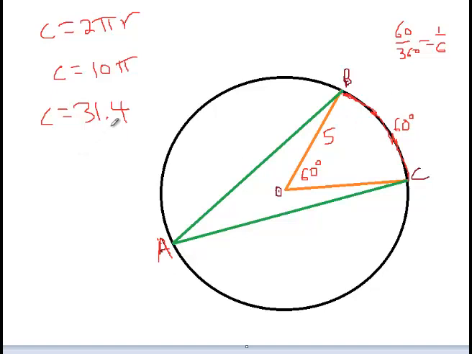I'm going to take 31.4 and divide by 6, and I get 5.23 approximately. So the length of the arc BC would be approximately 5.23.